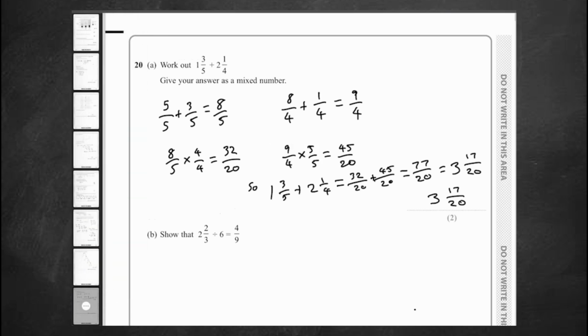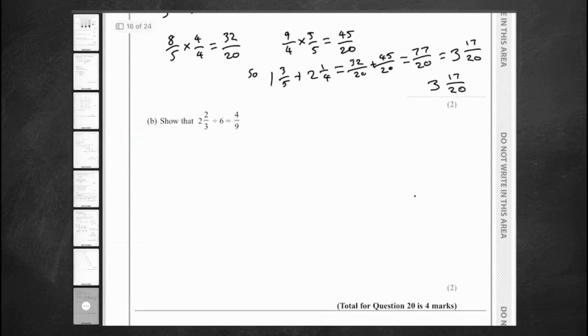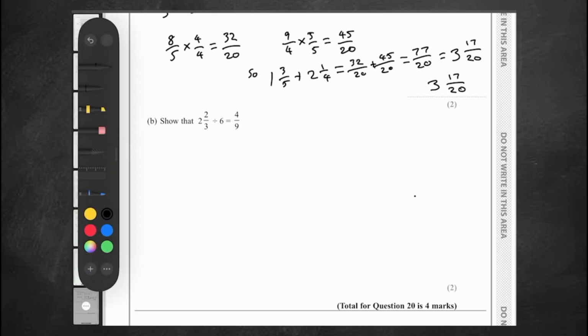Part B. Show that 2 and 2/3 divided by 6 equals 4 over 9. So what we'll do here is we'll say 2 and 2/3 is the same as 6 over 3 plus 2 over 3, which is 8 over 3.